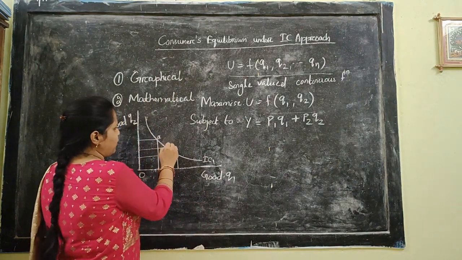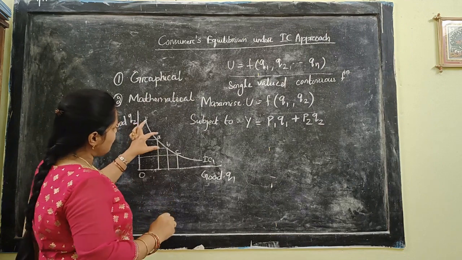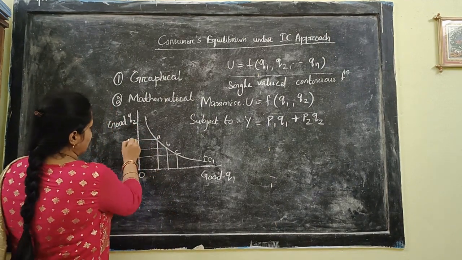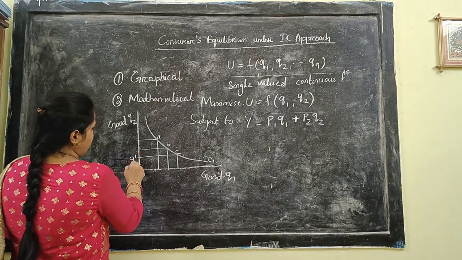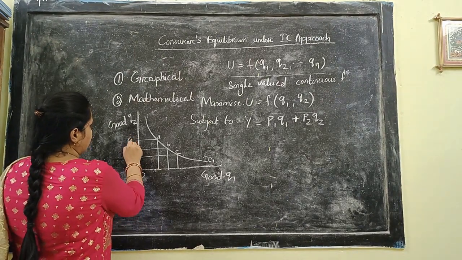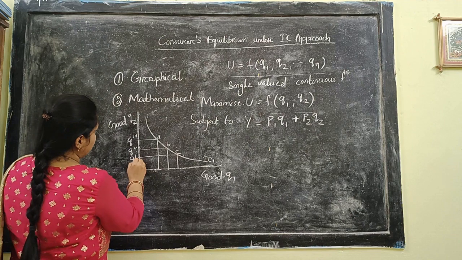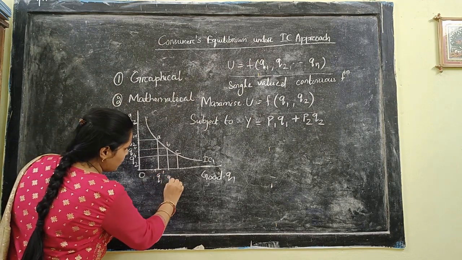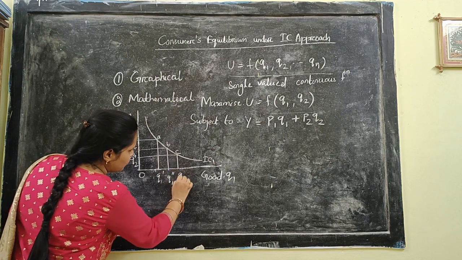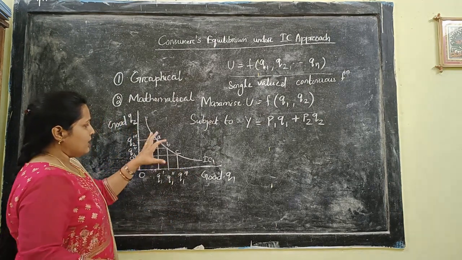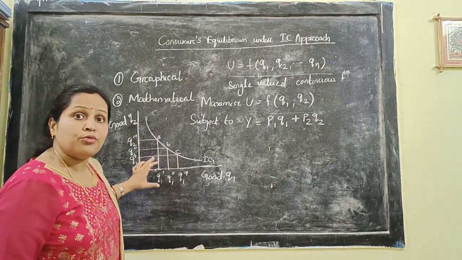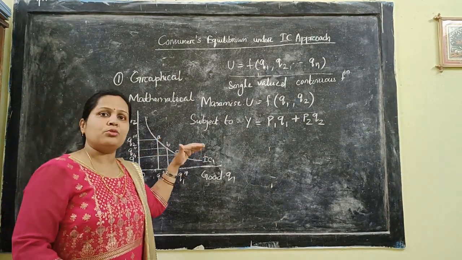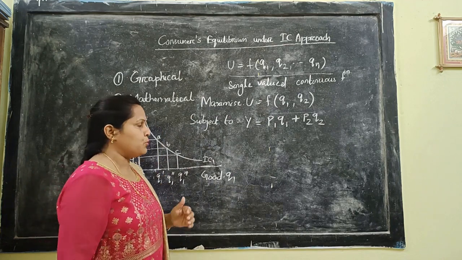That means at points A, B, C, although they show different combinations of the two commodities, like Q2 prime, Q2 double prime, Q2 triple prime, and Q1 prime, Q1 double prime, Q1 triple prime, they give the same level of satisfaction to the consumer. This is what the IC approach says.